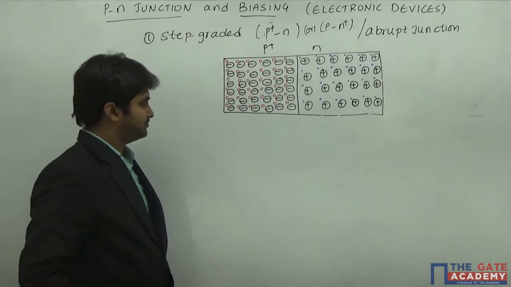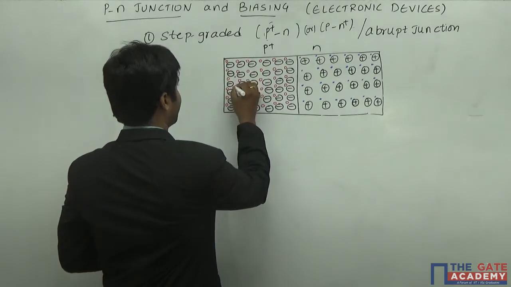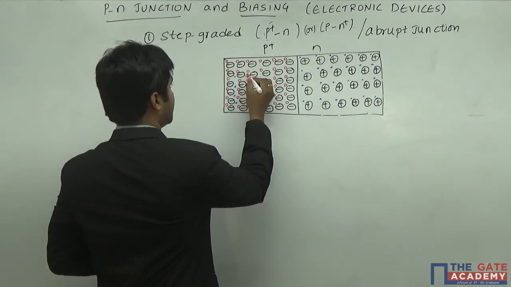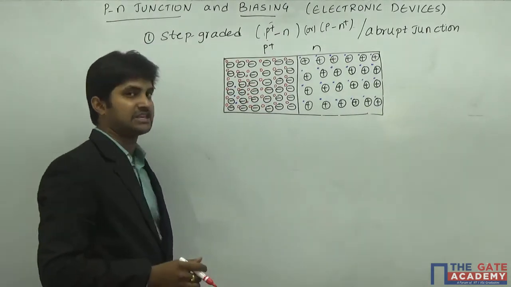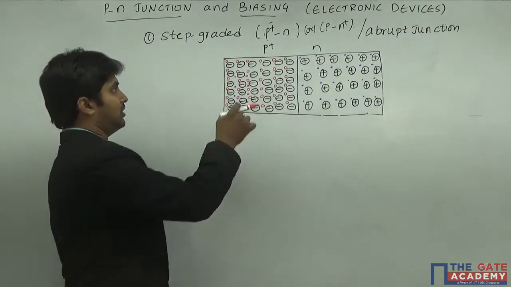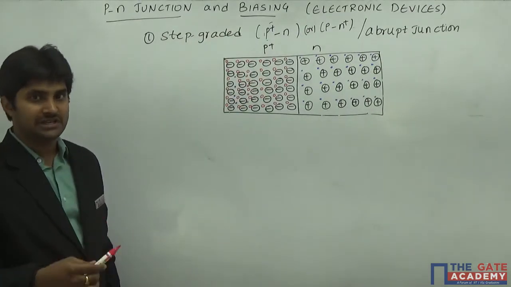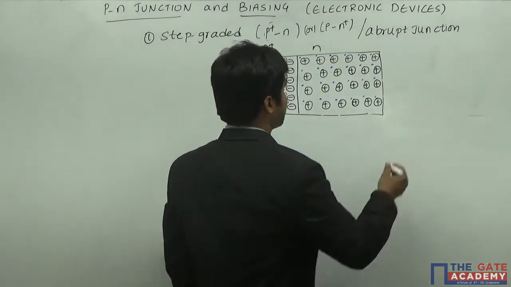Now let me draw some minority carriers as well. There will be some minority carriers, and we know that they are created because of the breakage of the covalent bonds. The number of electrons and holes generated because of the breakage of the covalent bond will be the same.